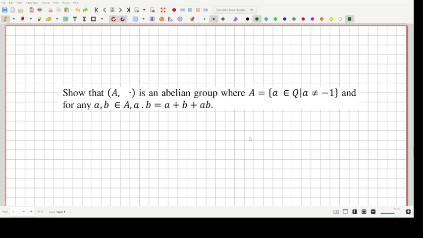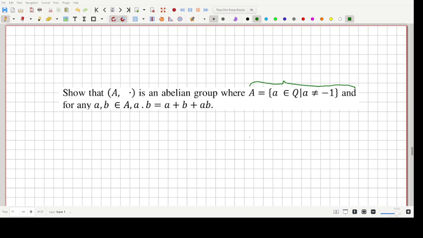In this video, we are going to prove that a particular set A along with the operation dot is an abelian group, right? And the set is defined as mentioned on the top right corner.